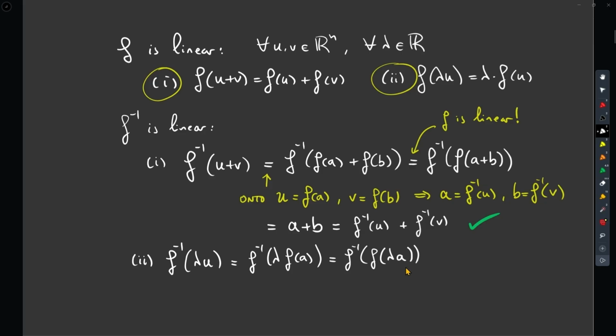And now f inverse composed with f is itself the element lambda a, and a is f minus 1 of u. Therefore, f inverse applied to a scalar of a vector is the scalar times f inverse applied to the vector. So this means that the map f inverse is linear.